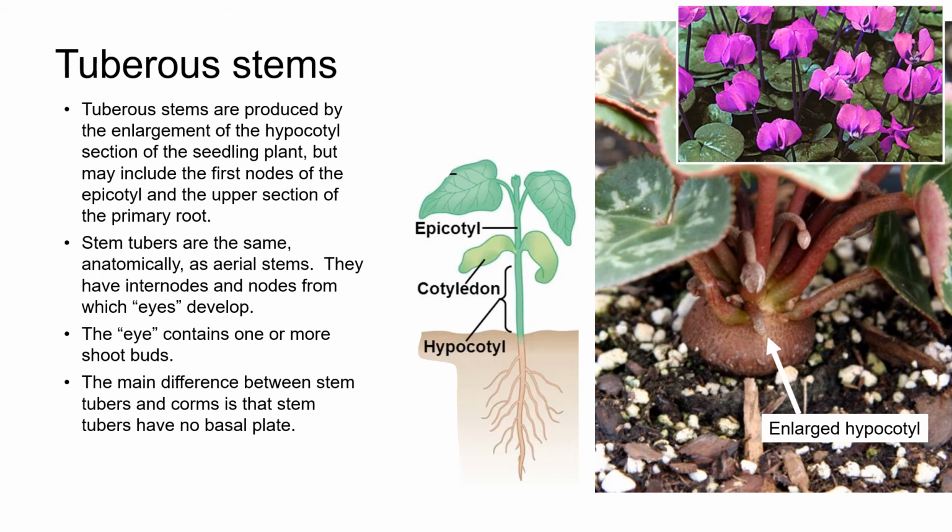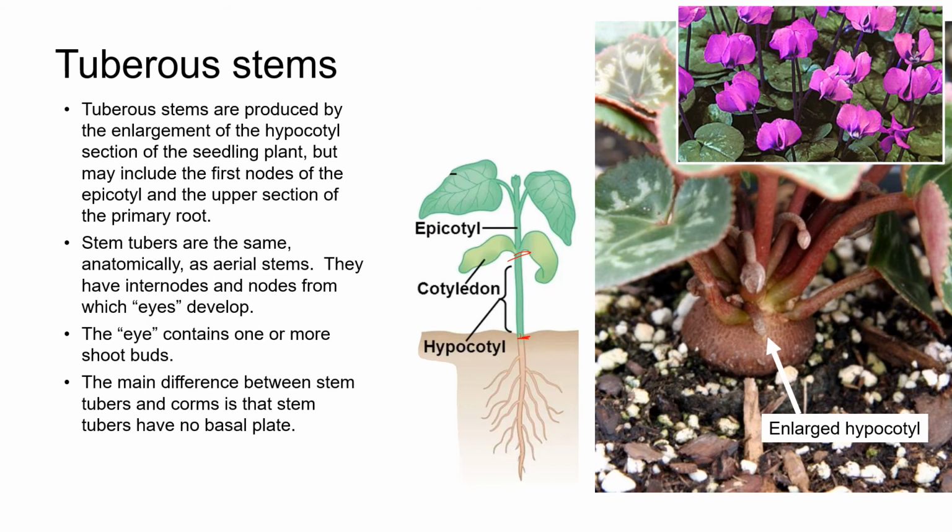The hypocotyl is the section of stem between the radicle, which, if you remember, is the root that emerges from a seed, so here, and the section of stem up to the first pair of cotyledons, which emerge from the seedling.